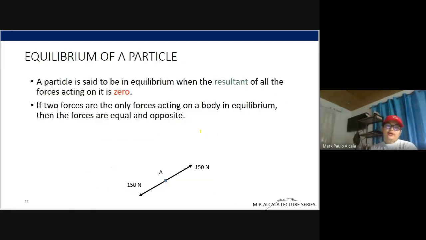So as we said earlier, in order for you to know that the particle is in equilibrium, the sum of the forces, the resultant, should be equal to 0. In this case, particle A is 0. 150 Newton to the right, 150 Newton to the left. The sum is 0.